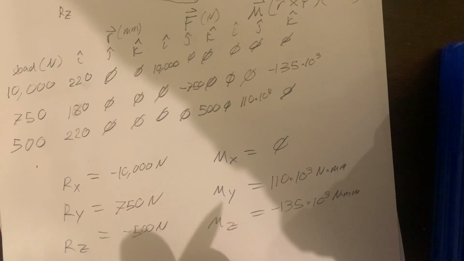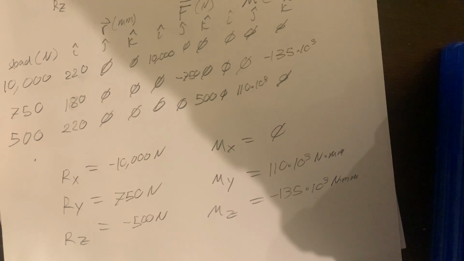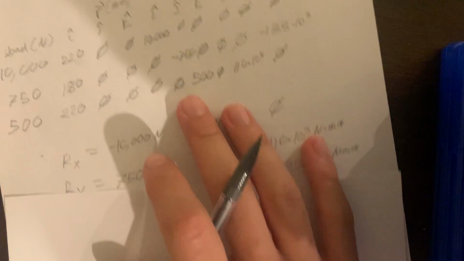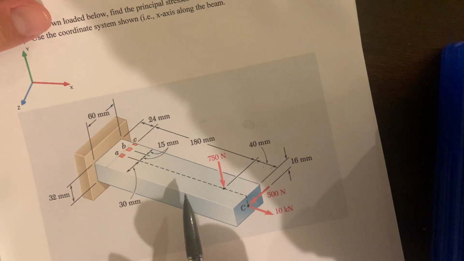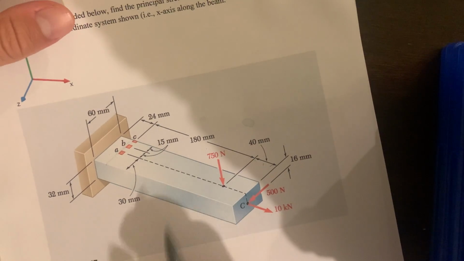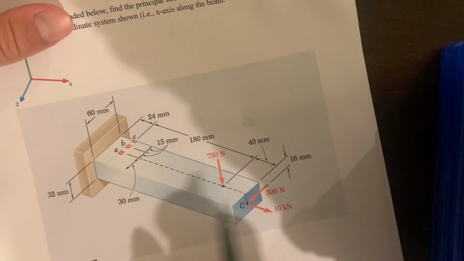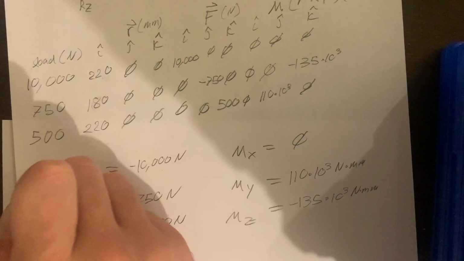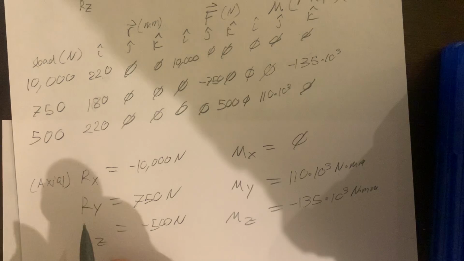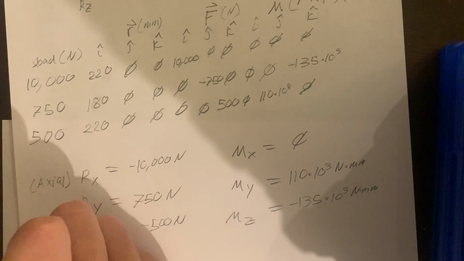Now that we have all of this, we can start mapping out our reaction forces. And looking at this graph, we can tell what types of forces we're going to get based on how it's acting on the beam. So in this case, our R of X is actually going to be axial. The R of Y would be transverse.